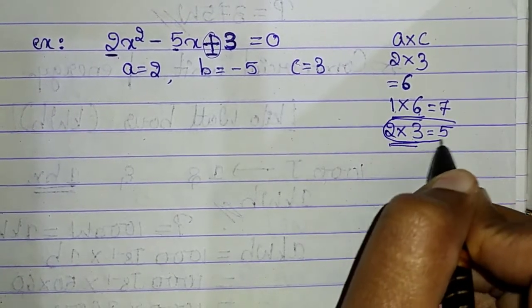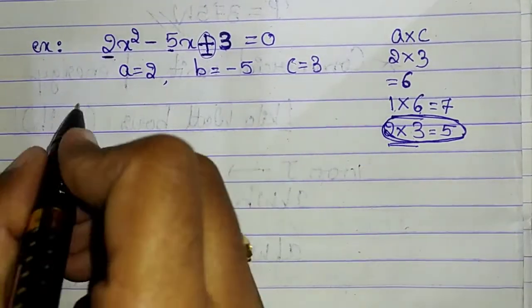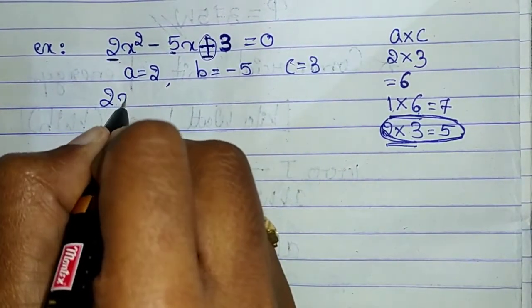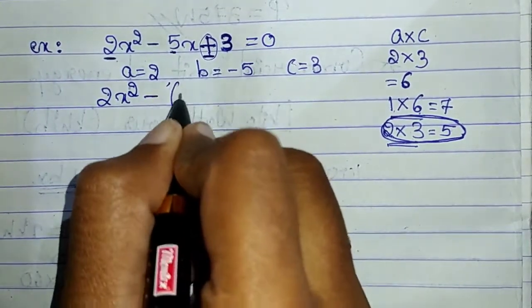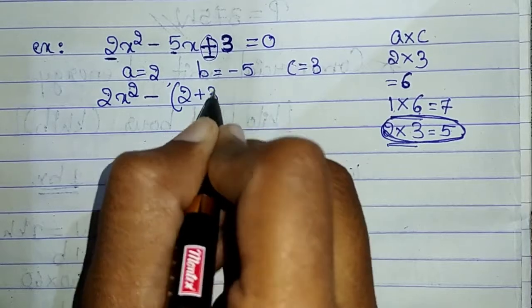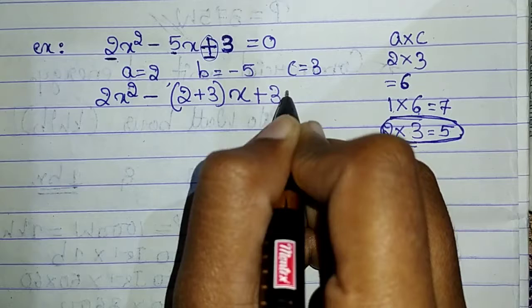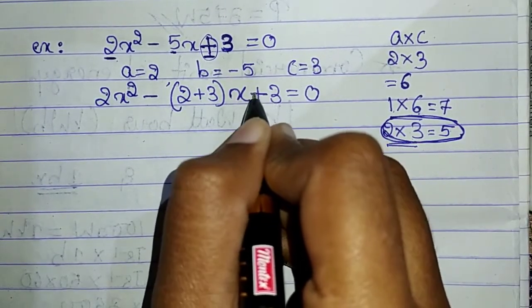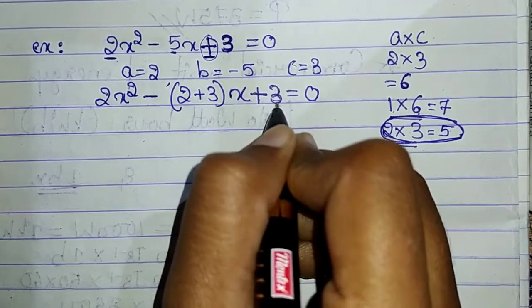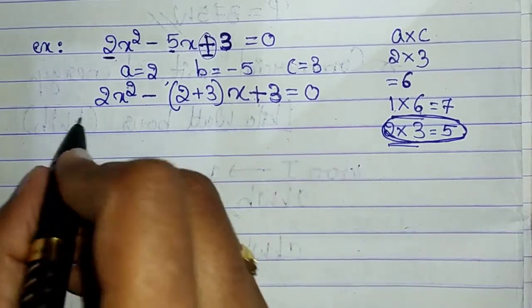So this is the required pair of factors. Using them we will rewrite our equation as 2x square minus, bracket 2 plus 3, bracket close, x plus 3 is equal to 0. I am adding them because the sign before my constant term is plus.